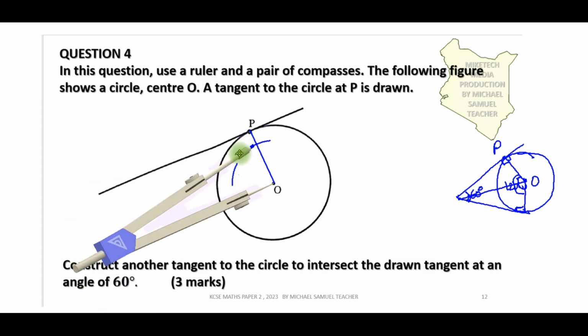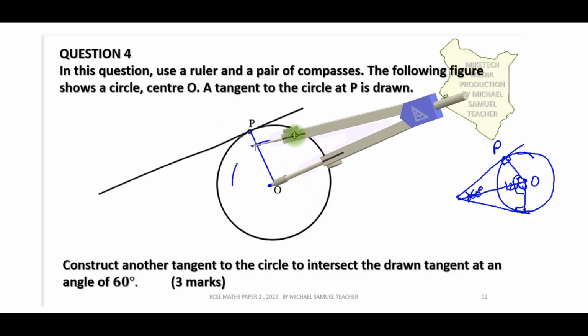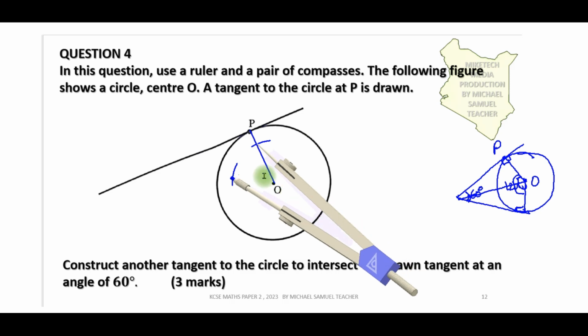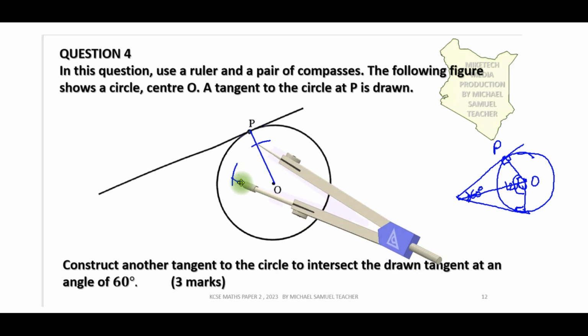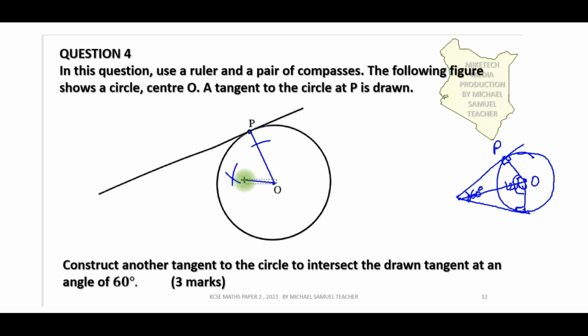So an arc there. Then from there I use this arc on the radius OP as the center, and I put an arc there. Then I join O to the arc, extending all the way to join the tangent, passing through the intersection of the tangent.